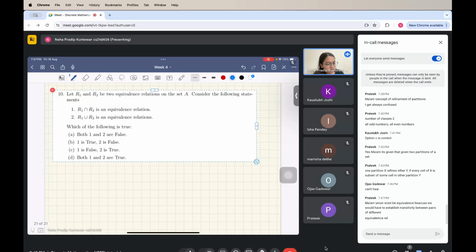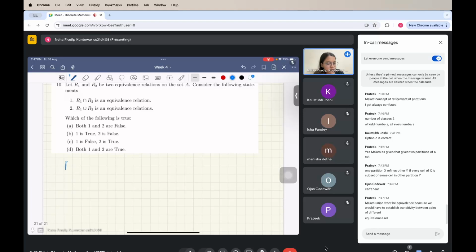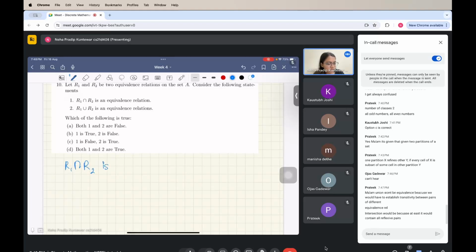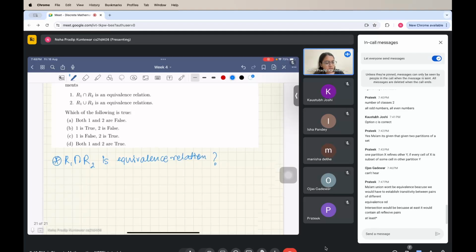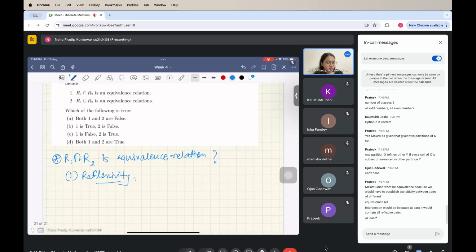So we want to check if R1 intersection R2 is an equivalence relation. That is the question. So the first property is reflexivity. We know that R1 is necessarily reflexive, and R2 is also reflexive because they are both equivalence relations.